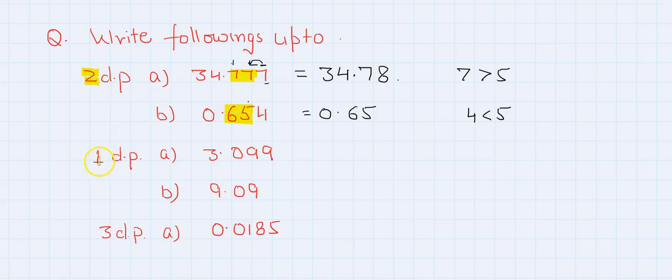We have to round it up to 1 decimal place. So this is the first decimal number. The next number is 9, and 9 is greater than 5. So we increase this one, so the answer will be 3.1.